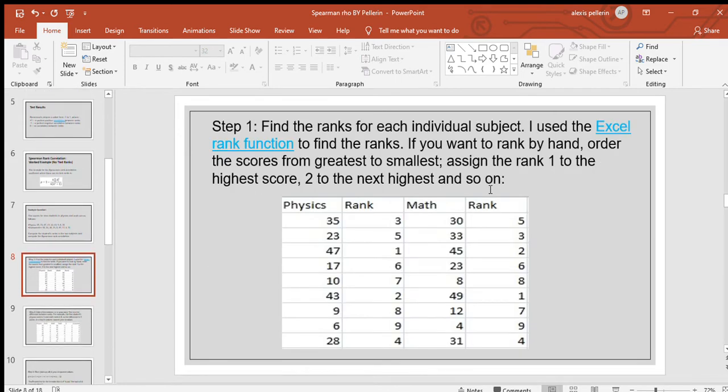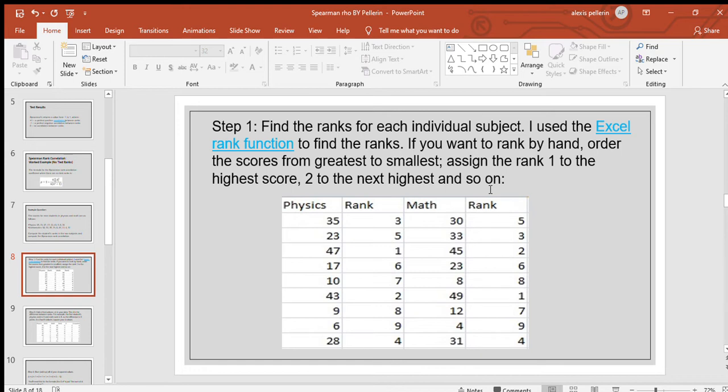Step 1, find the ranks for each individual subject. You can use Excel to rank these scores in an easy way, or you can do it by hand. You need to order the scores from greatest to smallest.